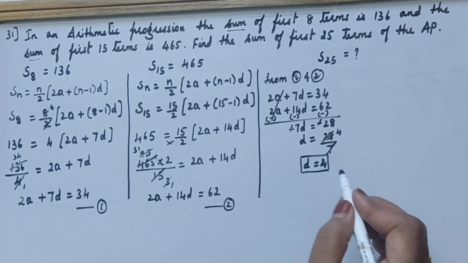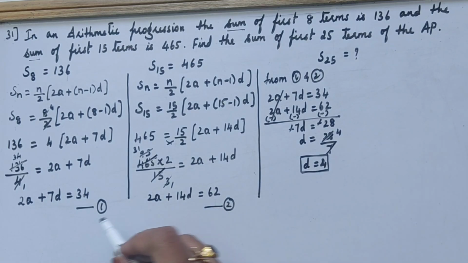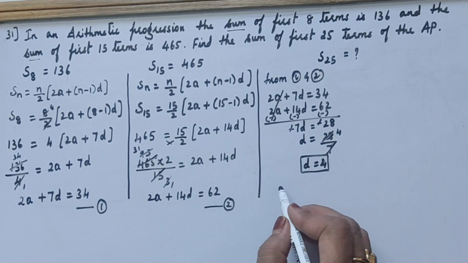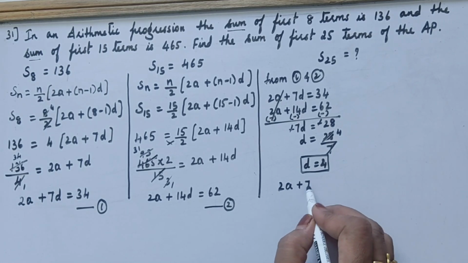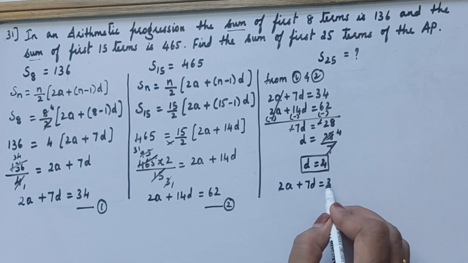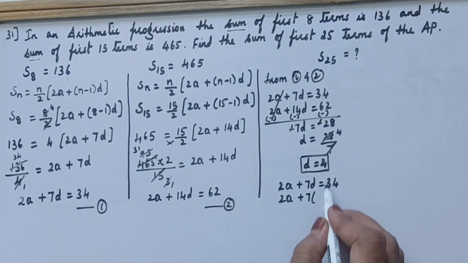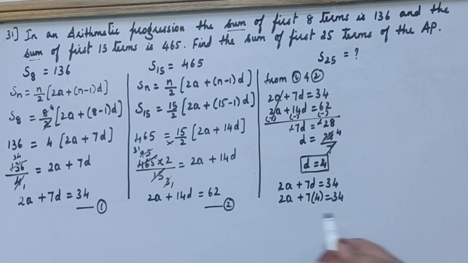So we got the value of d. We need to find out the value of a using first equation or second equation. The choice is yours. I'll go with equation 1. That is 2a plus 7d equals 34. 2a plus 7 into d value is 4 equals 34. Now 2a plus 7 fours are 28 equals 34.